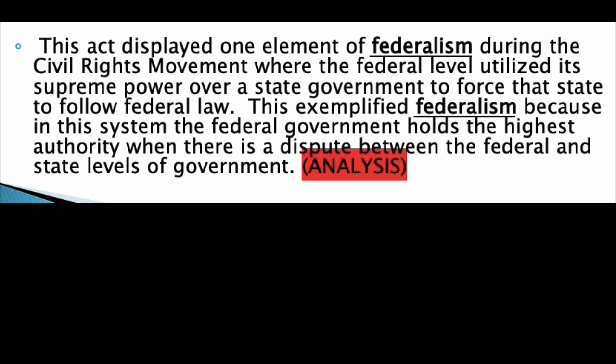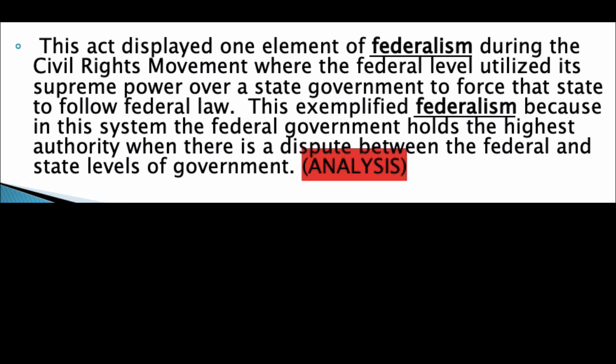This act displayed one element of federalism during the civil rights movement, where the federal level utilized its supreme power over a state government to force that state to follow federal law. This exemplified federalism because in this system, the federal government holds the highest authority when there is a dispute between the federal and state levels of government.